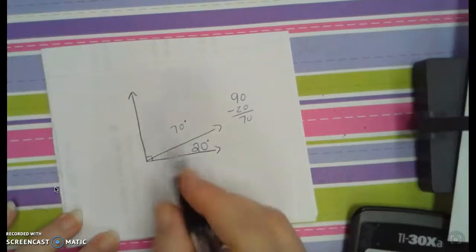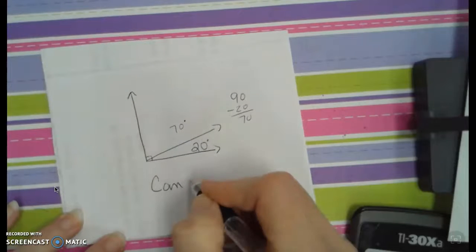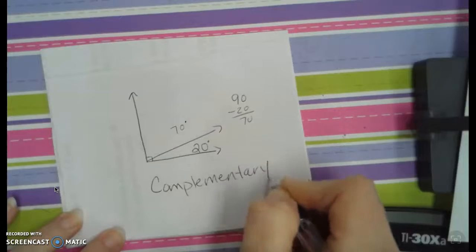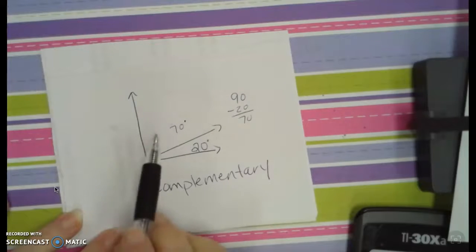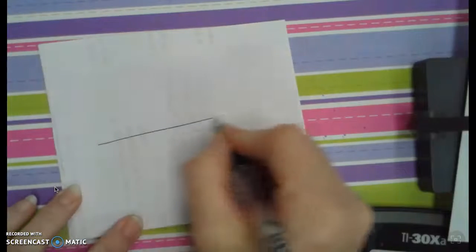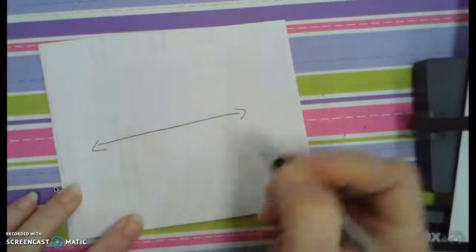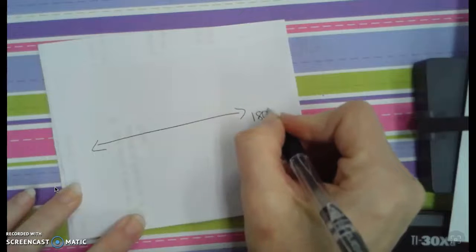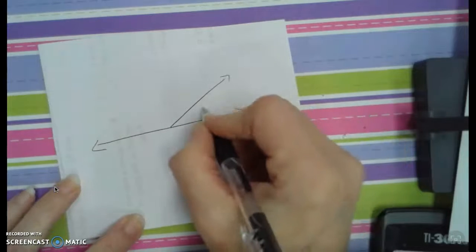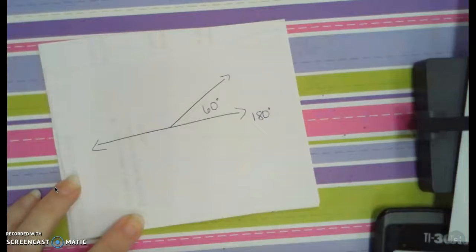Now the fancy name for that is complementary. Complementary angles together equal 90 degrees. Okay? Now, if we have a straight line, straight lines equal 180 degrees. And let's say I tell you that this is 60 degrees.